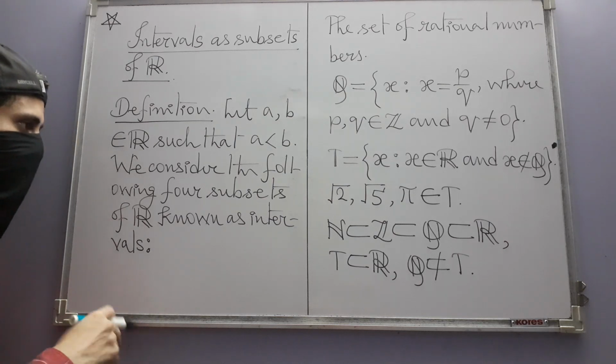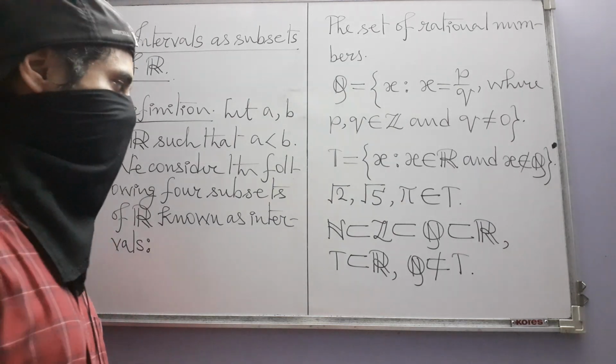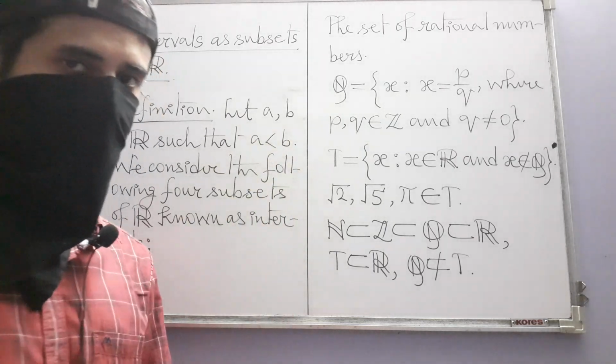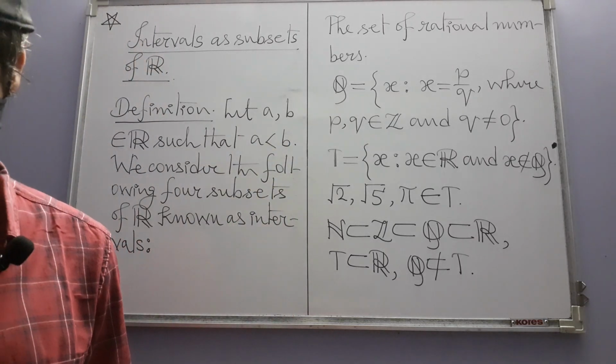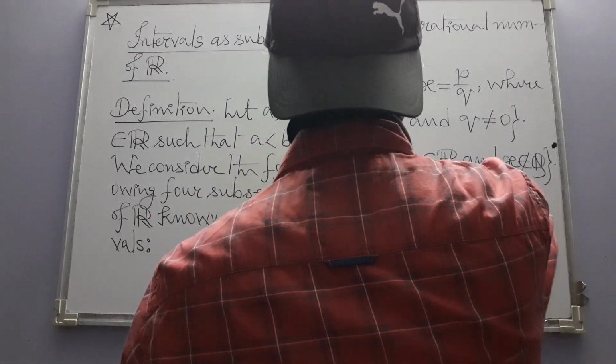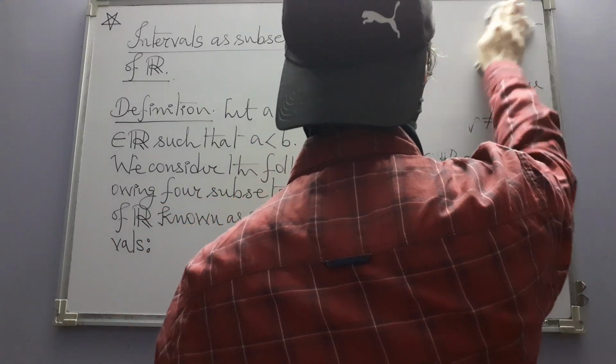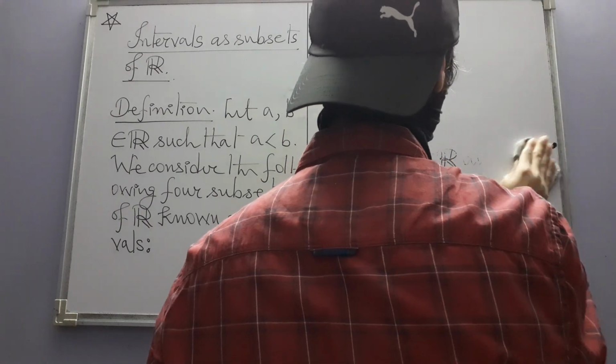Okay, 4 different types of subsets are there which are determined by these two numbers A and B, and they are called intervals. So we are now going to see their definitions.